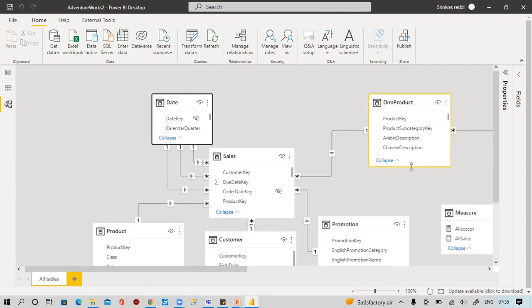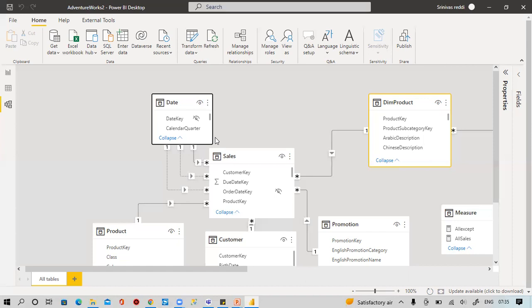If the fact table is indirectly connected to the other dimensions, then it is the snowflake schema. Most people want to develop a star schema and do as much as they can, but eventually end up with a snowflake schema based on the requirements and what the customer asks.